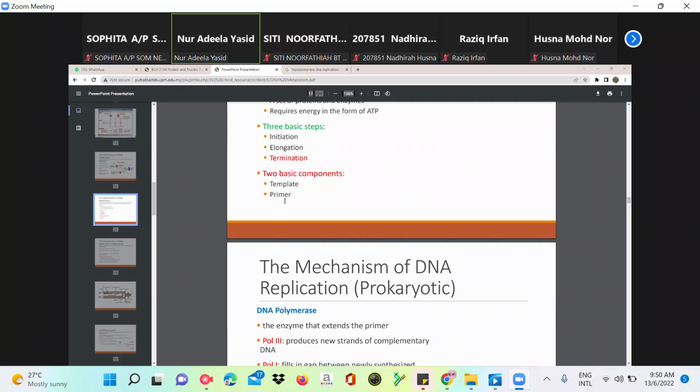From that 300 nucleotide sequence, we need to design a primer to help in the amplification of that specific gene. So we need this primer. In PCR we design primers ourselves, but it depends on what kind of application you are going to carry out.